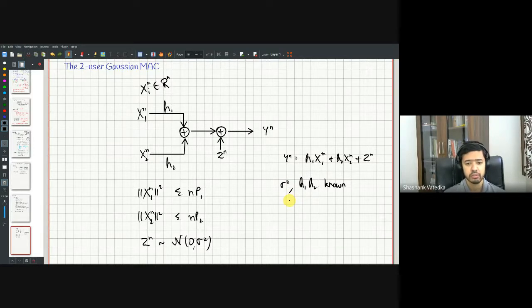In addition, you have the following input constraints, or cost constraints, power constraints.